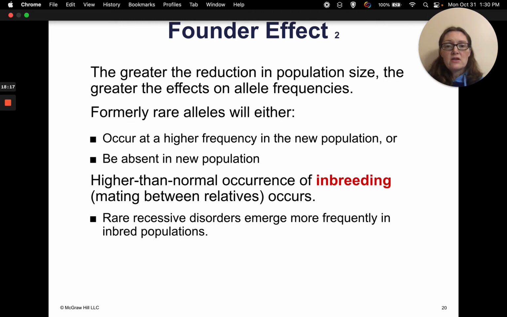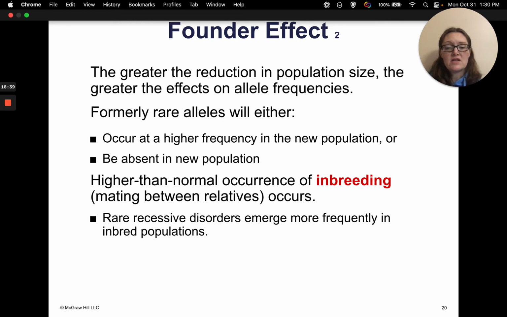The greater the reduction in population size, the greater the effect on allele frequencies. So the alleles that used to be rare will start to occur at higher frequencies, or it might be absent altogether because maybe the founders didn't have those rare alleles at all. So if they didn't have them at all, they're not going to show up at all.